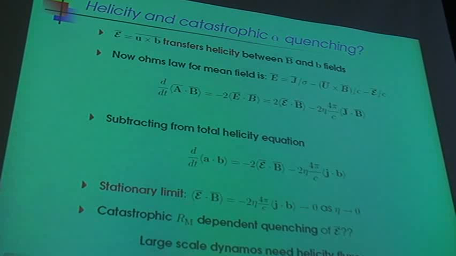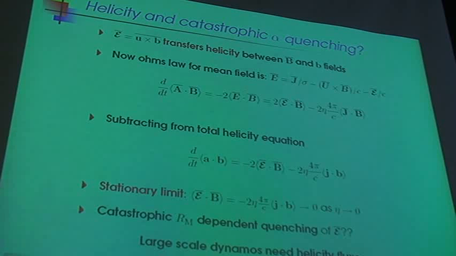This has been referred to as the catastrophic quenching of the electromotive force. It's not the full electromotive force, of course, but the component parallel to the field. But it's the component parallel to the mean field which is responsible for closing the cycle. Like the alpha effect is a component of the electromotive force parallel to the mean field.